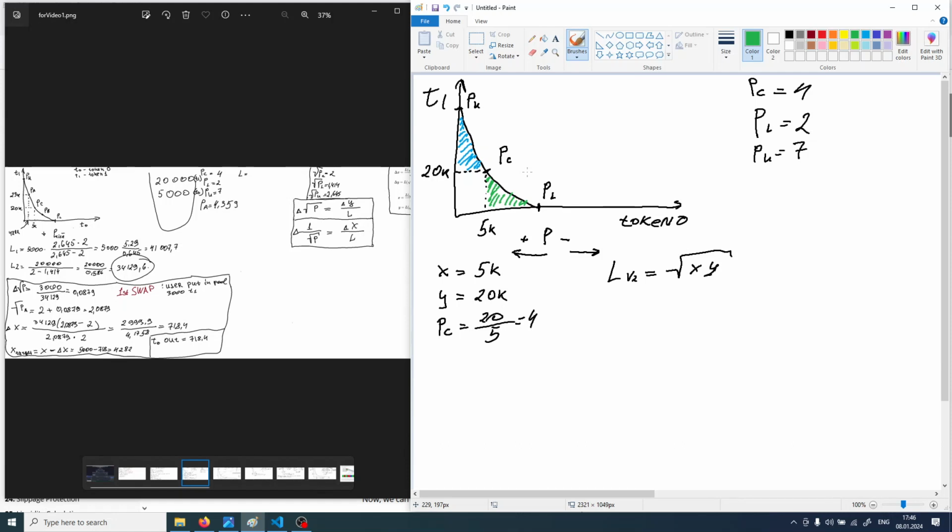And the other way, if the price goes upper, we can see the blue sector. This sector will need only token 0 for swapping, and we must calculate liquidity for this sector separately too.